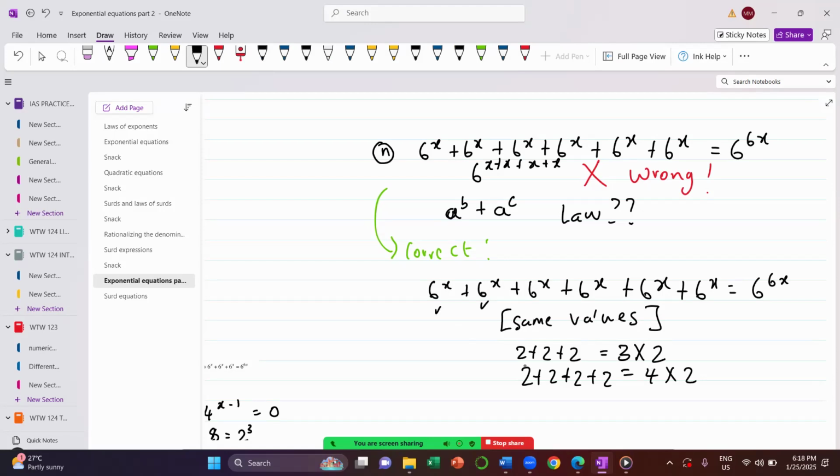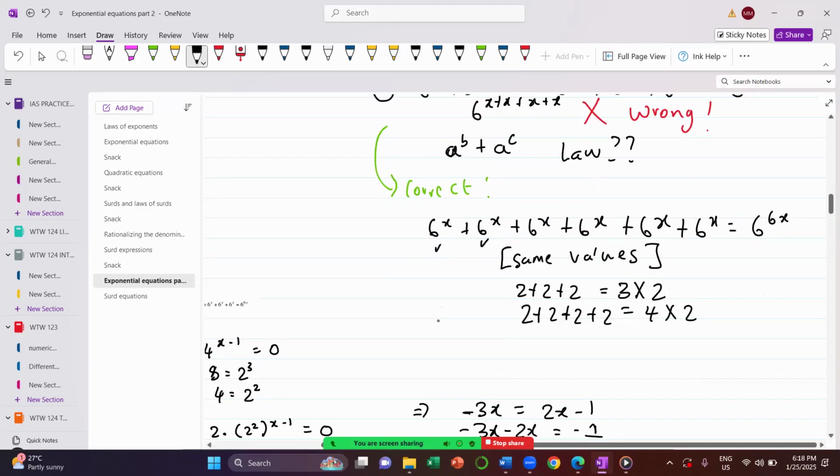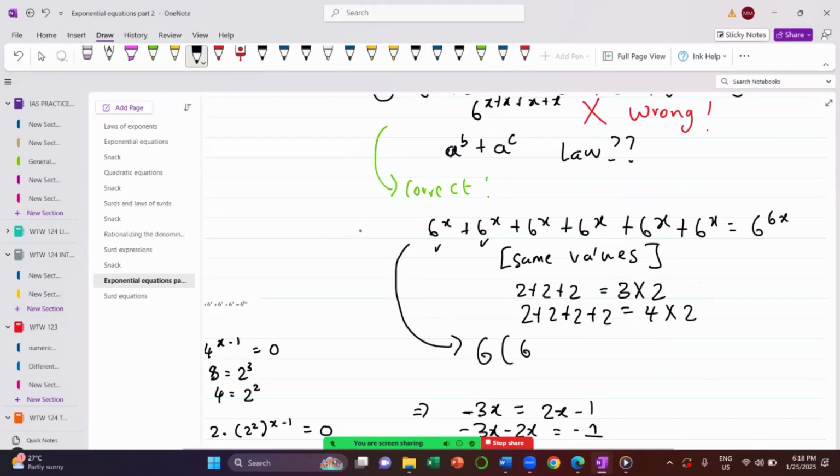Okay. So now I'm adding how many 6 to the exponent of x's? There are 6, right? Is it okay for me to say that this is the same as 6 times 6 to the exponent of x? Are we okay? Yes, sir.